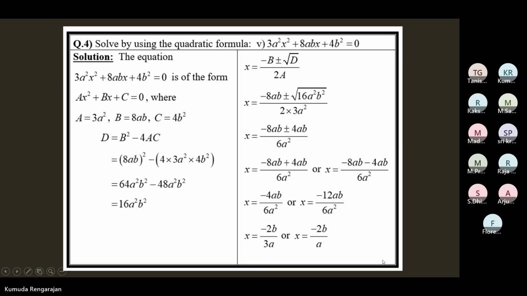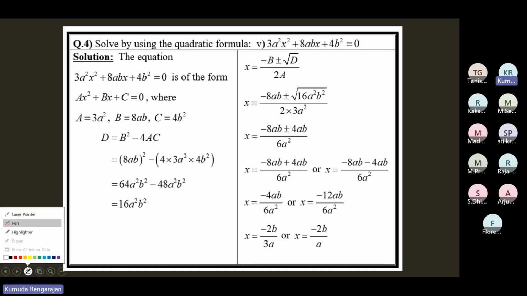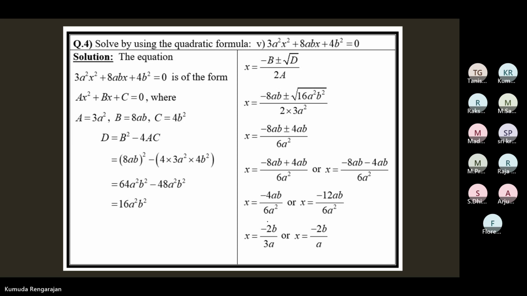So then you can simplify, cancel and find the values of X. And again, here we have used capital letters A, B, C because we already have small letter a and small letter b in the quadratic equation.